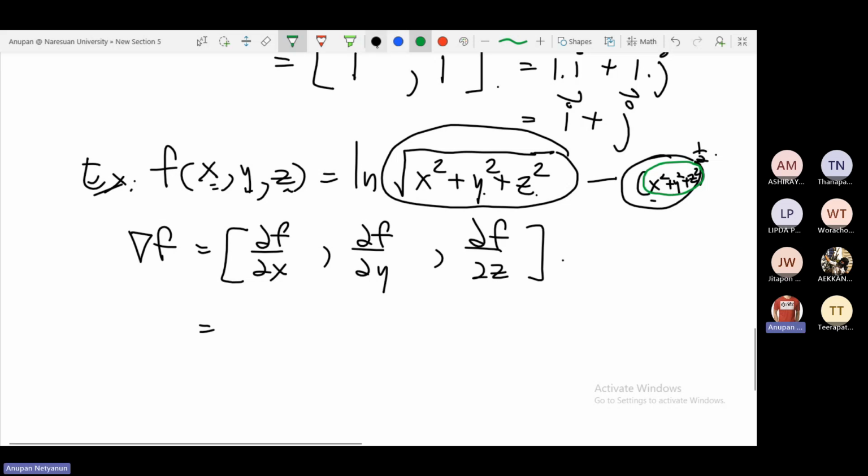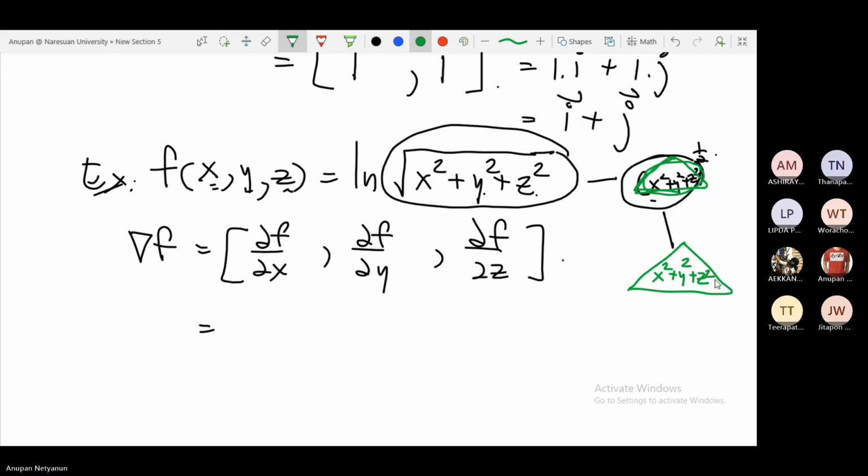So that means, let me use triangle. Okay. So the circle is the triangle to the 1/2. That means this circle thing depends on the triangle, which is x squared plus y squared plus z squared.